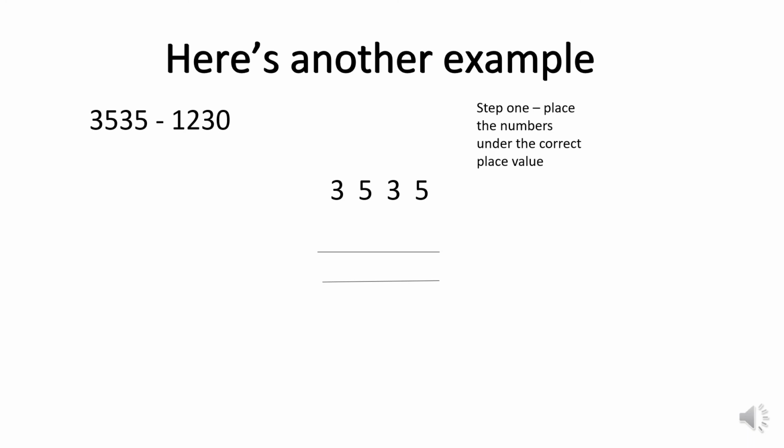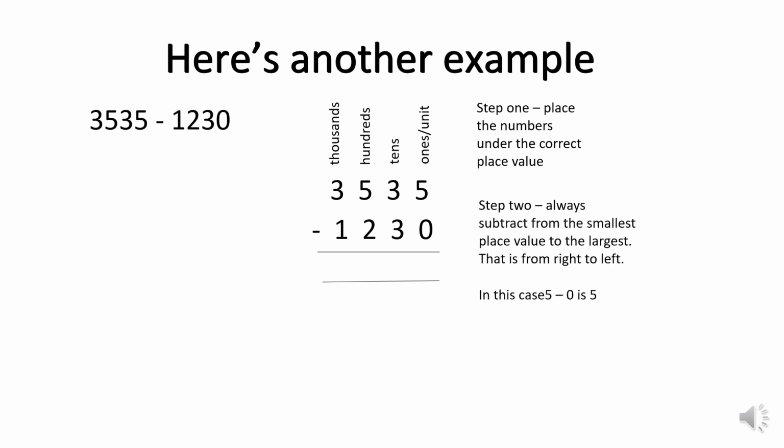Here's another example. 3535 minus 1230. Step 1, place the numbers under the correct place value. So that's 0 under 5, 3 under 3, 2 under 5, and 1 under 3. Step 2, always subtract from the smallest place value to the largest, that is, from right to left.